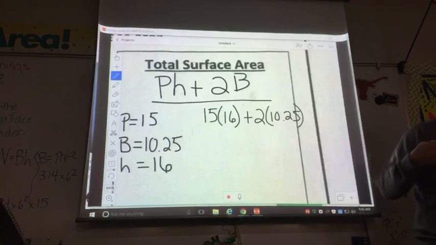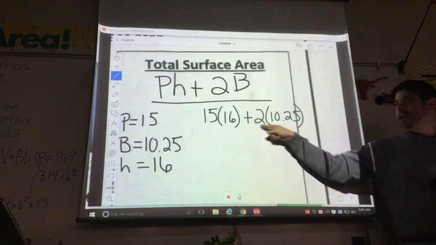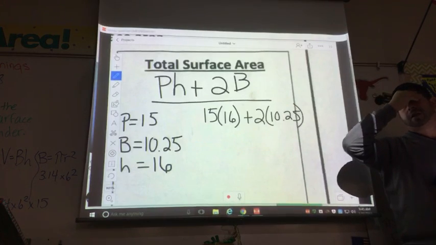So y'all go ahead and do that in the calculator. Just like how it's written here, all I do is copy it straight from there.